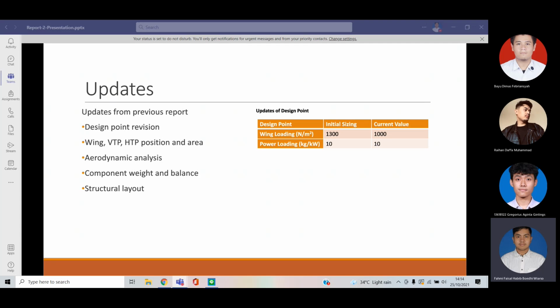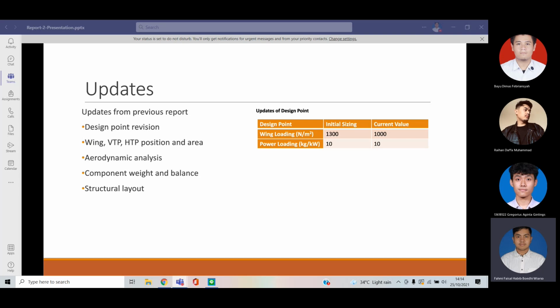Basically, our aircraft had an update in the design point due to a mistake we made in the MTOW estimation. So we have to decrease our wing loading from the initial 1300 Newton per meter square to only 1000 Newton per meter square, but the power loading is the same.